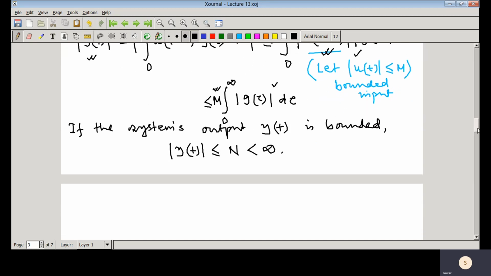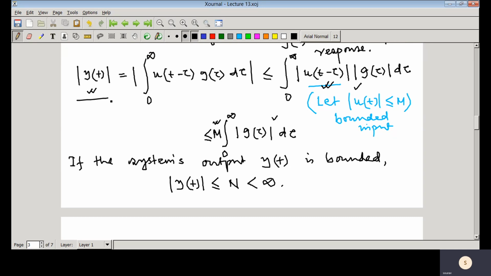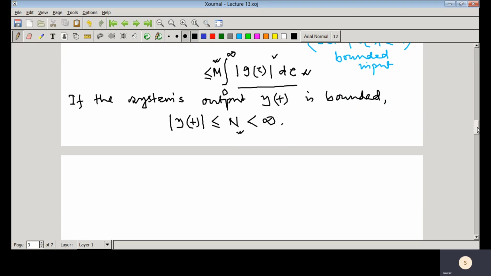So the mod of y(t) is less than this particular term.